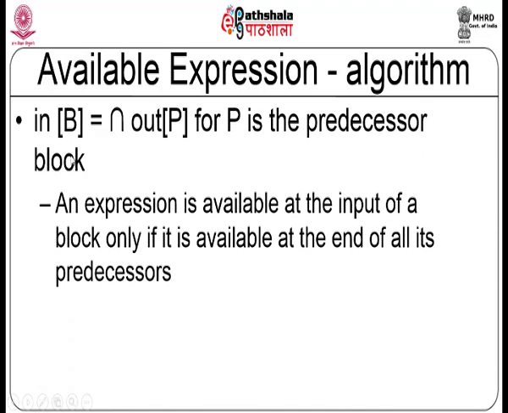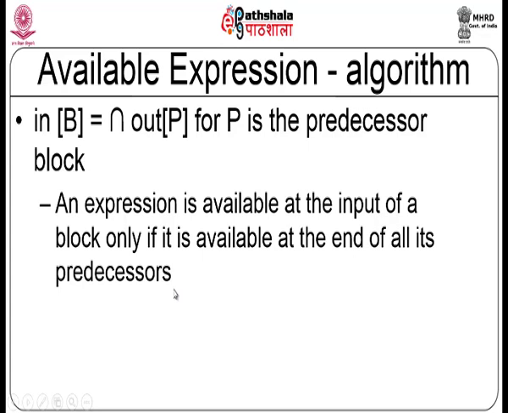Now, in of B is computed as intersection of, this is against the earlier one where we had union, we now have intersection of out of P for P being the predecessor block, which means that an expression is available at the input of a block only if it is available at the end of all of its predecessor blocks.